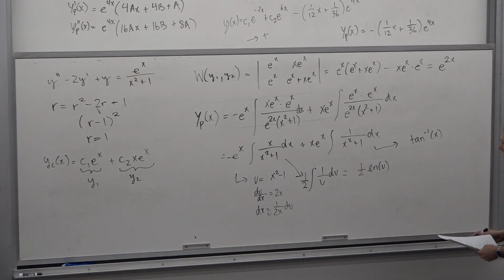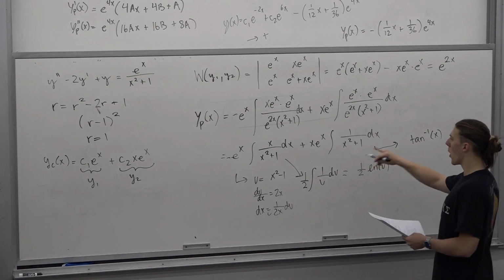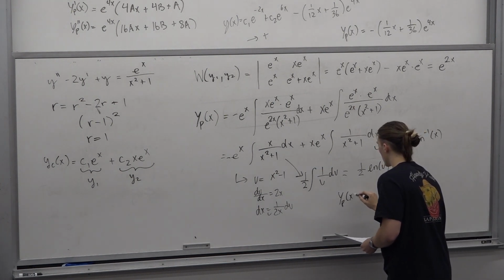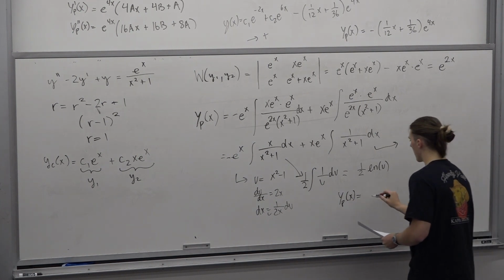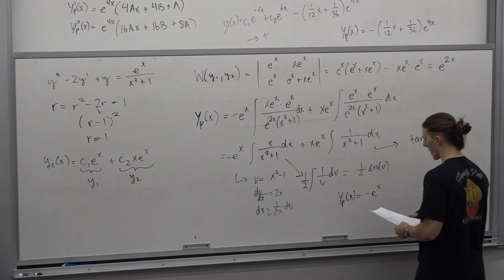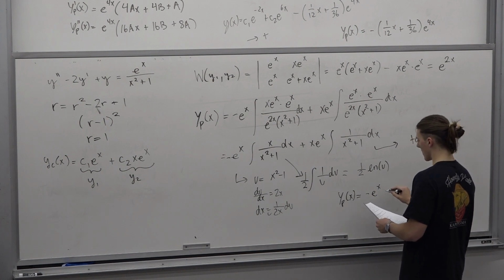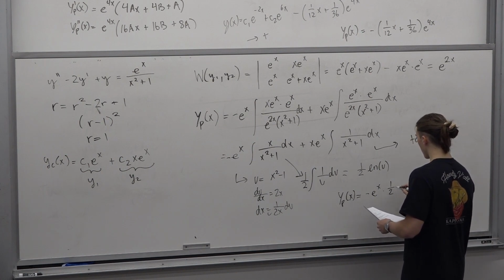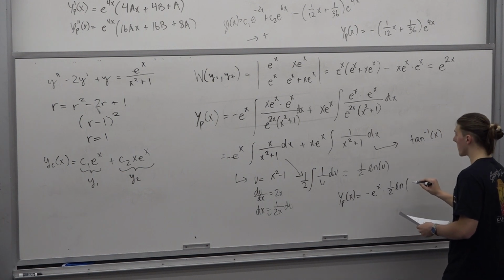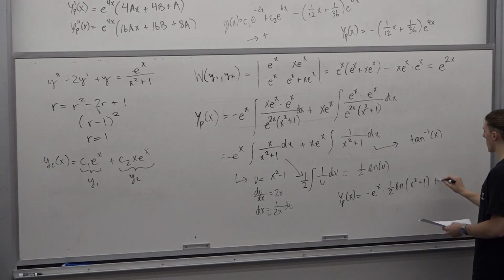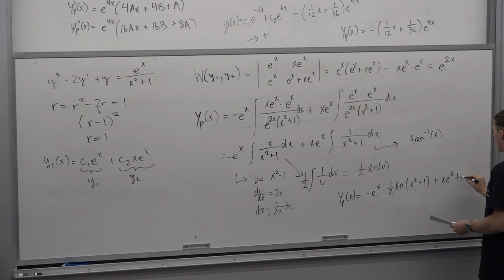So now that we have both of these integrals evaluated, we can put it all together in one go. We have negative e to the x times 1/2 ln of x squared plus 1. And then we have our other term, x e to the x times the inverse tangent of x.